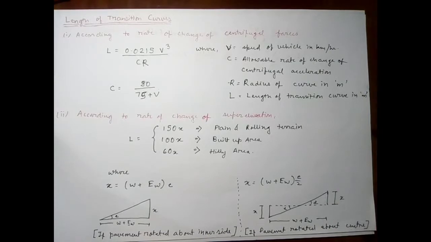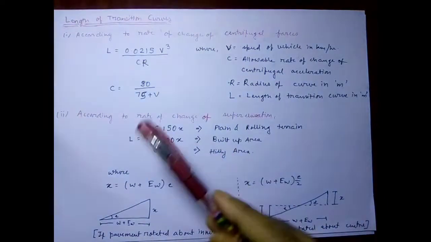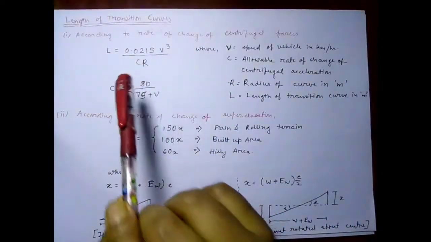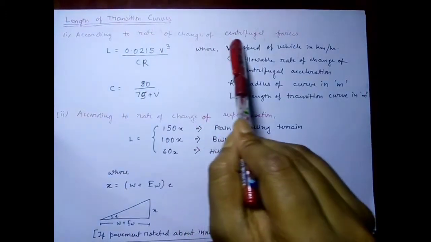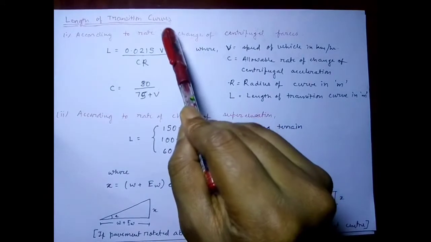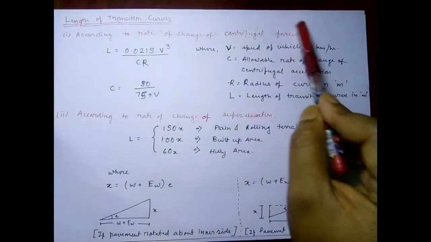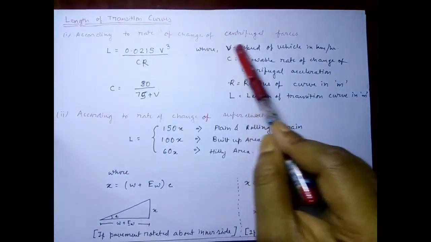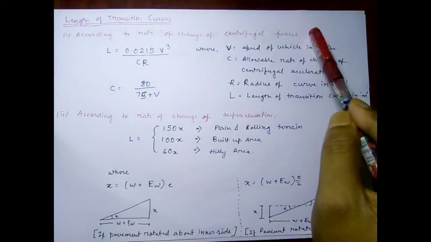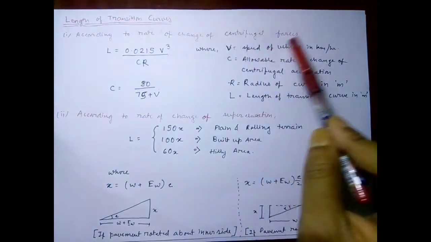So the length of transition curves can be found out in three ways. The first way is according to the rate of change of centrifugal force. All these relations are empirical or experimental, but this particular formula is based on the change of centrifugal force.